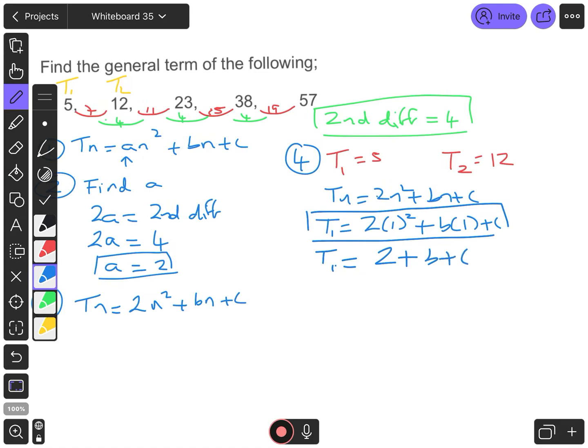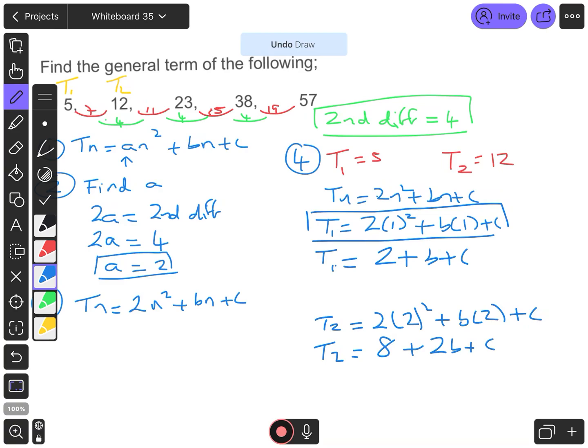All right, I can do the exact same thing then with term 2. So if I do term 2, I know instead of my n, I'm writing in a 2. So it's going to be 2 by 2 squared plus b by 2 plus c. So term 2, when I tidy that up, is going to be 8 plus 2b plus c.